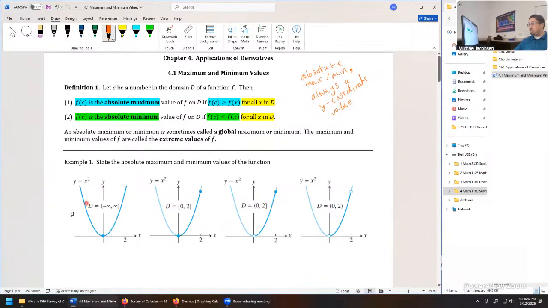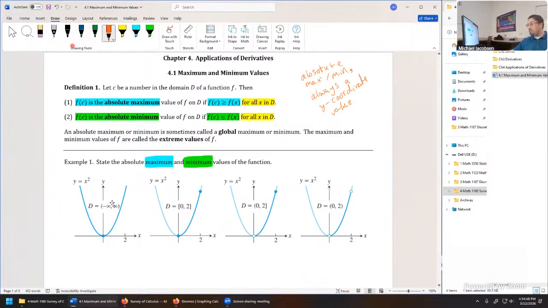So with those definitions in mind, here are 4 random functions. They all have the algebraic structure y equals x squared, but if you change the domain of a function, you've in fact changed the whole entire function. For this problem, we're going to state the absolute maximum and minimum of the function.